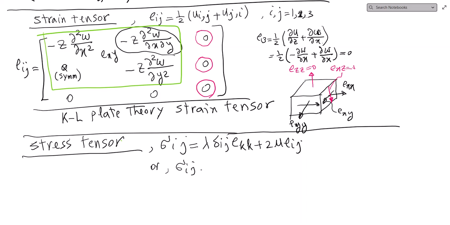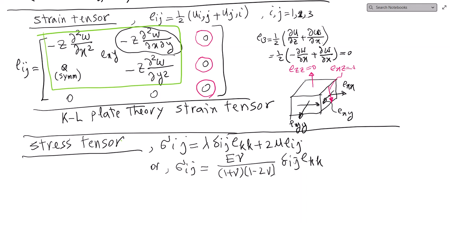I can write this as E mu divided by 1 plus mu, 1 minus 2 mu, delta ij ekk.